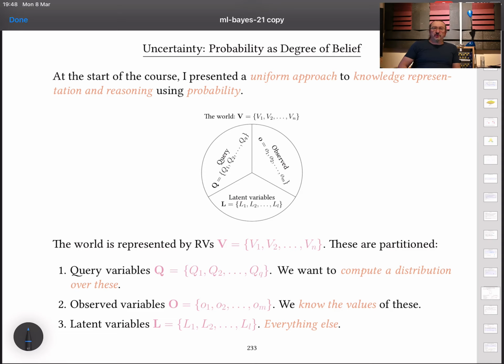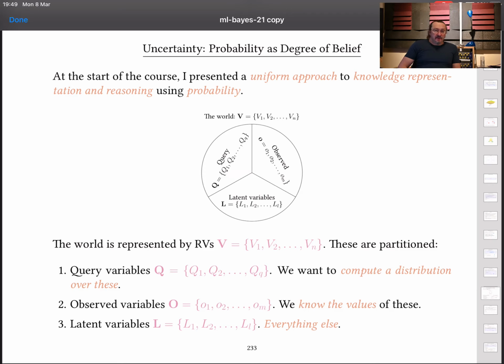Random variables for which you know a value are observations. Random variables for which you want to know the value are queries. And everything else is a latent variable. Aha! That should sound familiar from the last lecture. In the last lecture, we talked about latent variables in the context of unsupervised learning or clustering.